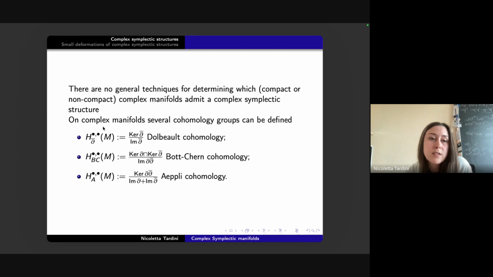And so all these cohomology groups are holomorphic invariants, and they are very helpful if you want to study complex manifolds. And if your manifold is compact, they are finite dimensional. I mean, there is a whole Hodge theory behind these cohomology groups, and it turns out that, if the manifold is compact, they are finite dimensional, okay?